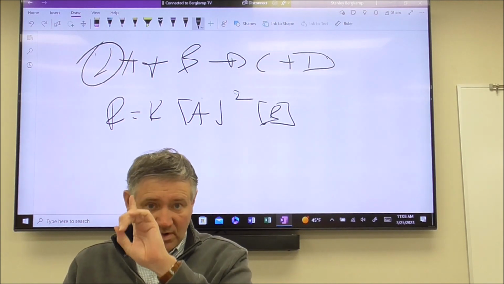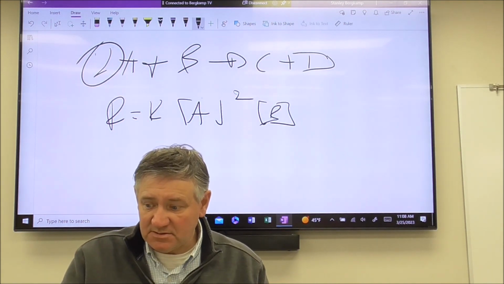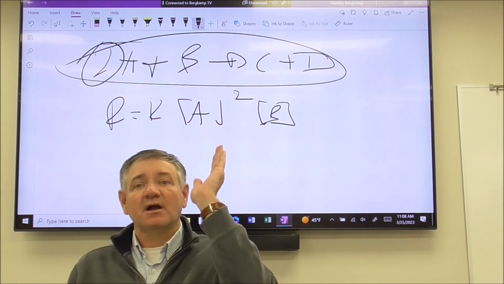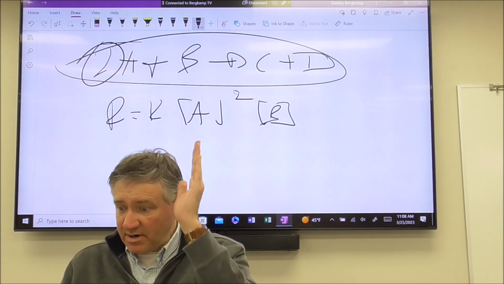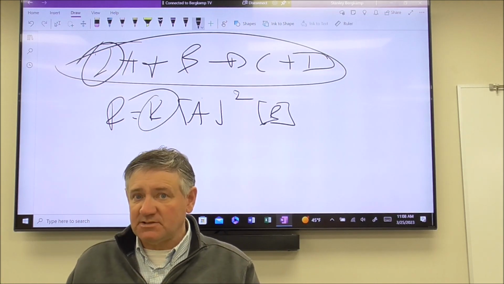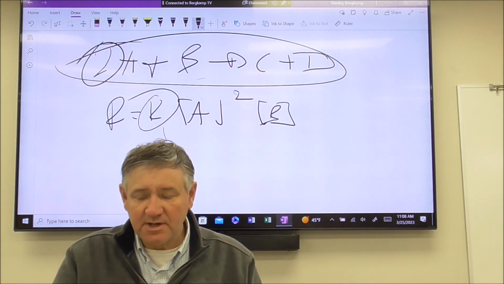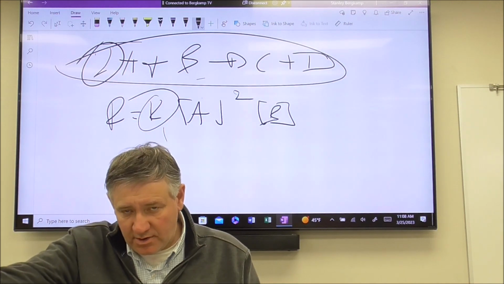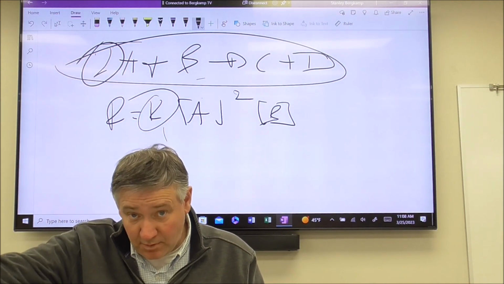If this was a one-step reaction, it would be the concentration of A squared, concentration of B, and it would be a 3rd order reaction overall.